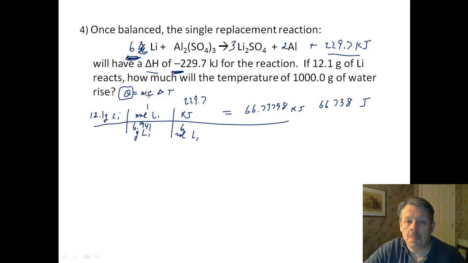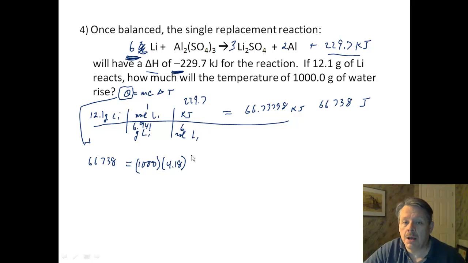So we know now we have Q equals MC delta T. So we now have 66,738 joules. I'm doing Q equals MC delta T right now, equals M, which is, now we're talking about water, 1,000 grams of water at 4.18, and we're multiplying by the temperature change, and that's what we're trying to figure out.